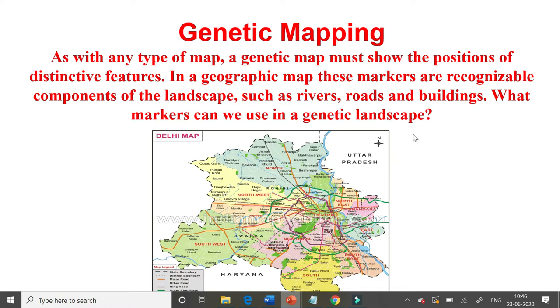Once you approach this flag mark, it means this gene is residing close to this point. This flag mark is very closely associated with, or linked with, this particular gene. So that kind of framework map is required, which is now fulfilled by the use of genetic markers.